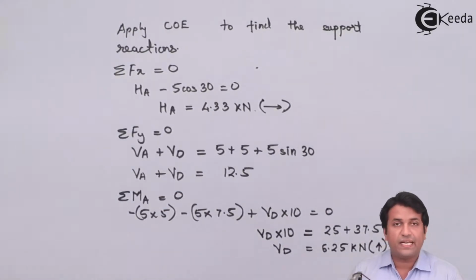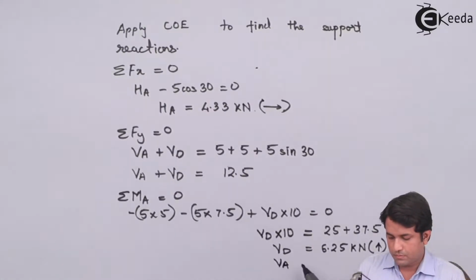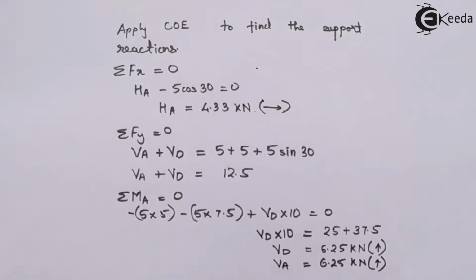In that case, I'll get the value of Va as well. So even that is coming out as positive. So my assumption that Va acting upwards is correct. So this is how I have calculated these support reactions.